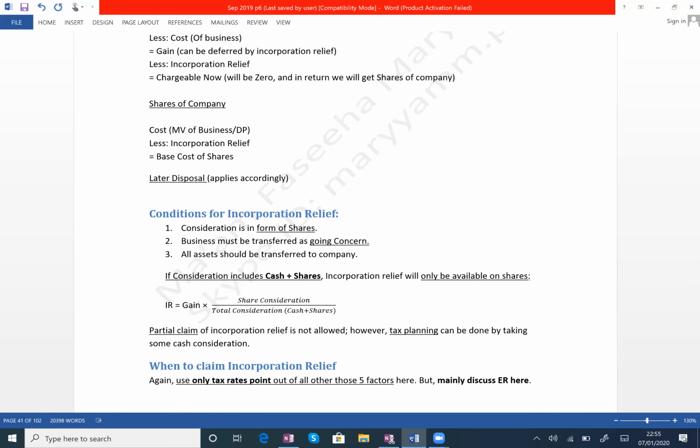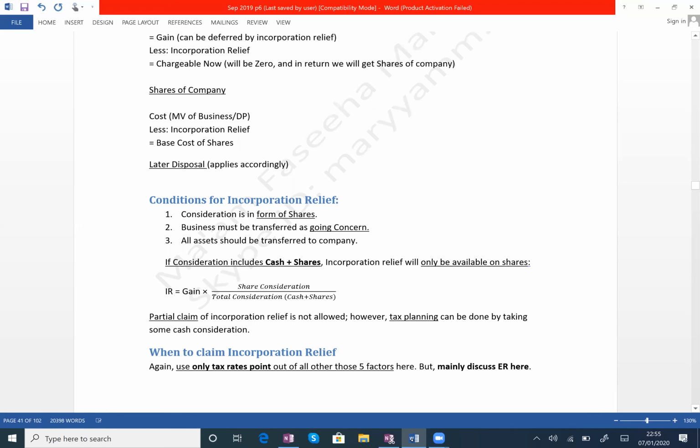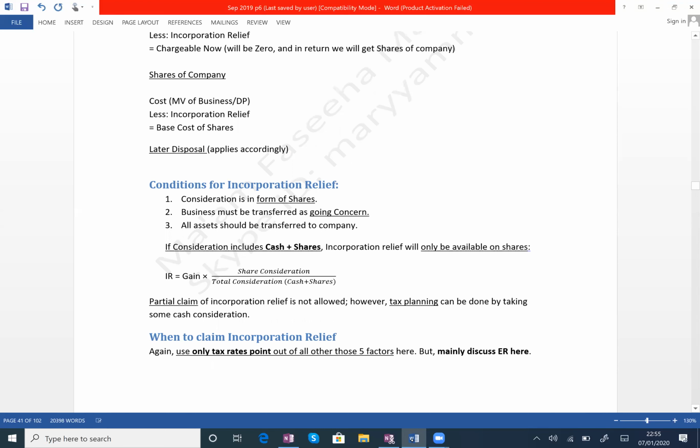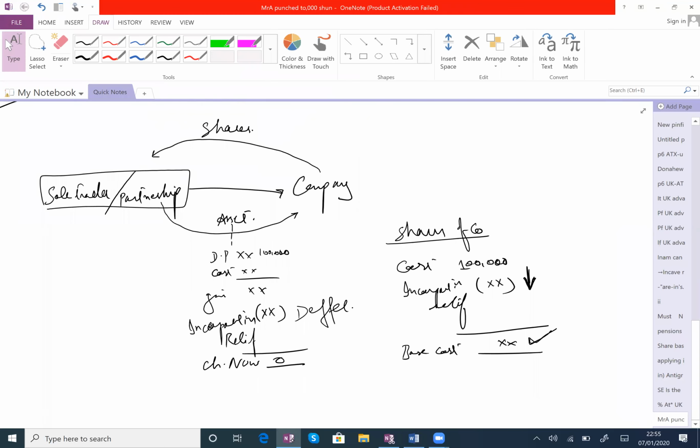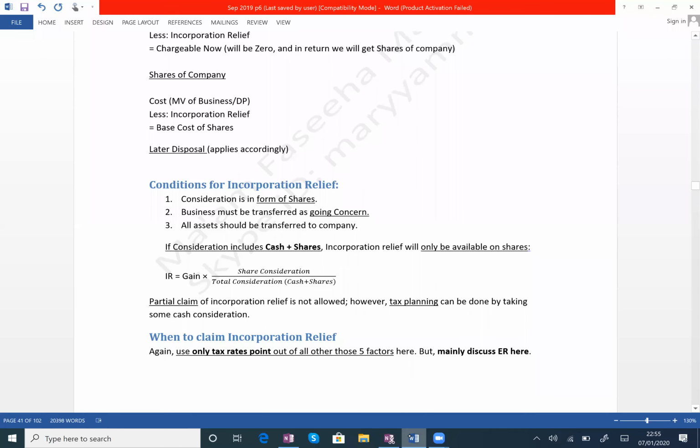You can see the three conditions of incorporation relief. Number one, consideration is in the form of shares. For example, when I transfer the assets to the company, in return from the company I can get the shares only. That is a condition. Second condition, the business must be transferred as a going concern.